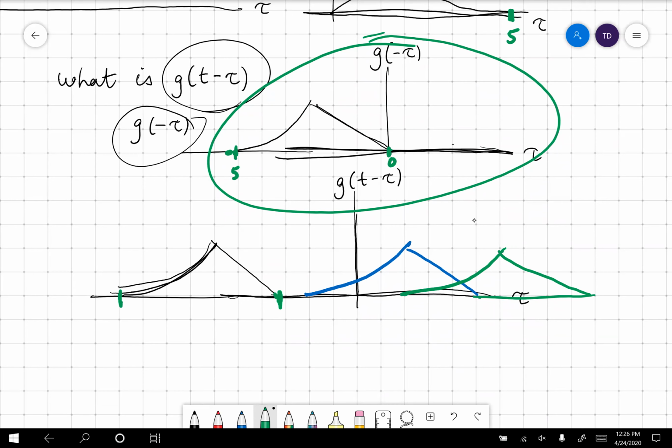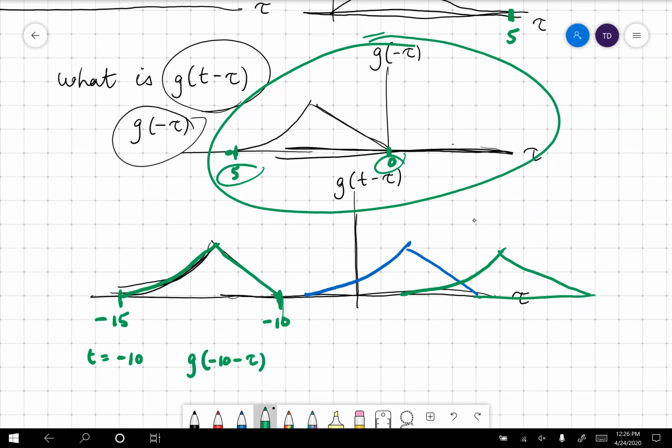But once we know that value, we're going to use that value of t plus these values to find out what this is. So for example, if I told you t was equal to -10, then g of -10 minus tau has this function right here. It'll be this one, and this will be -10, and this one here will be -15.